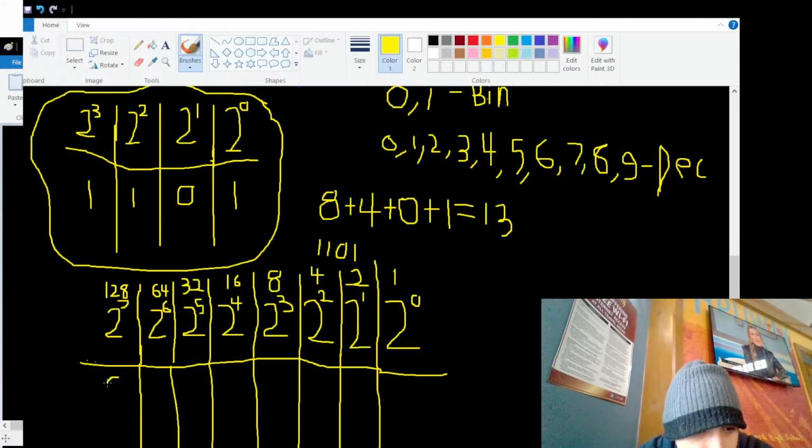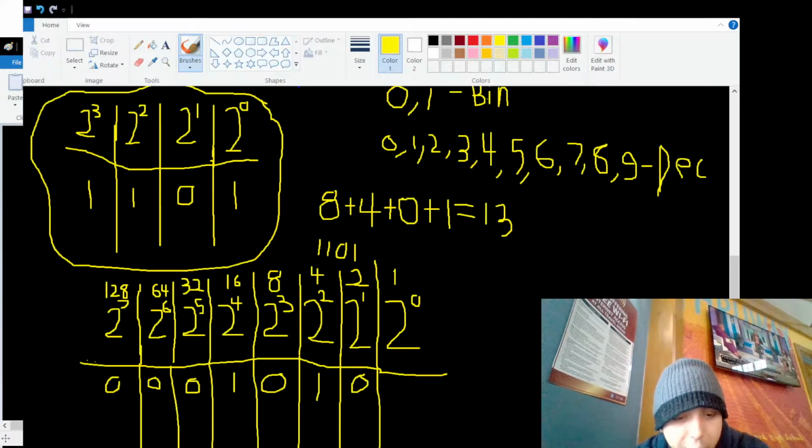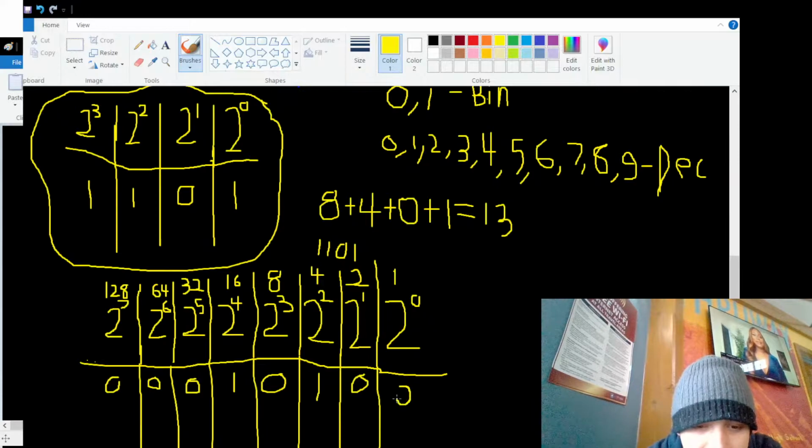So let's start with an easy one. 0, 0, 0, 1, 0, 1, 0, 0. So we're taking this binary number and trying to figure out what that would be in decimal. Oh, and there needs to be a 0 here. Sorry. So, what is that?